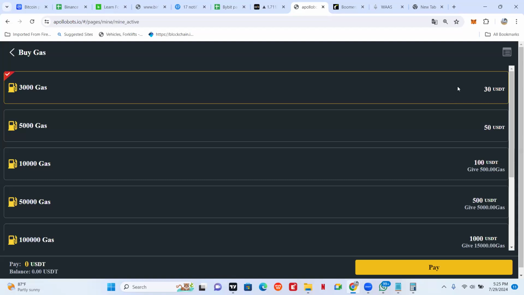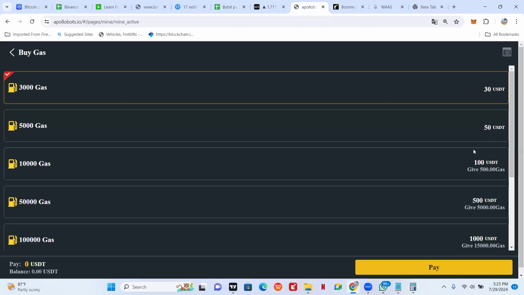The minimum gas here is 30. You go according to your account. So if you have $100, you can put in a $30 gas. Then if you have from 200 to say 300, you go with 50.